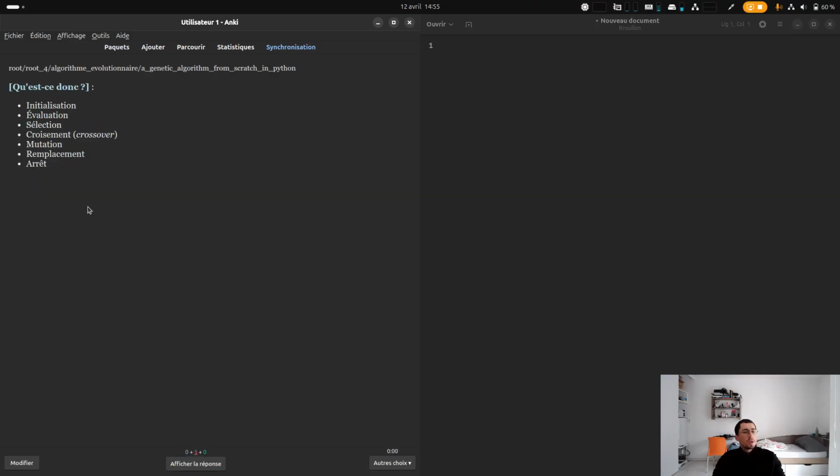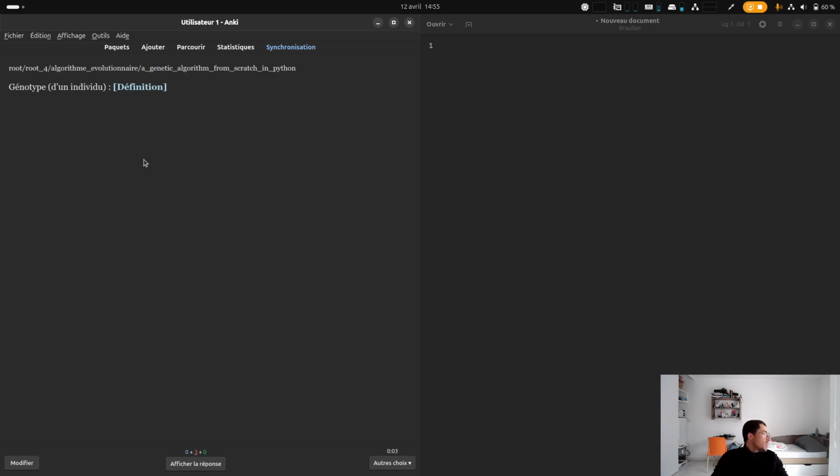Replacement. That's the main steps of the genetic algorithm. We already had this question again, but it was simply that we didn't have the hints of number of bullet points.